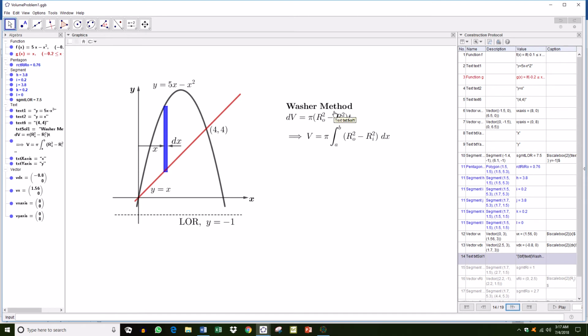Pi times (R_O squared minus R_I squared) times T. Now that volume of that single disc washer is going to be what is called the differential volume dV.